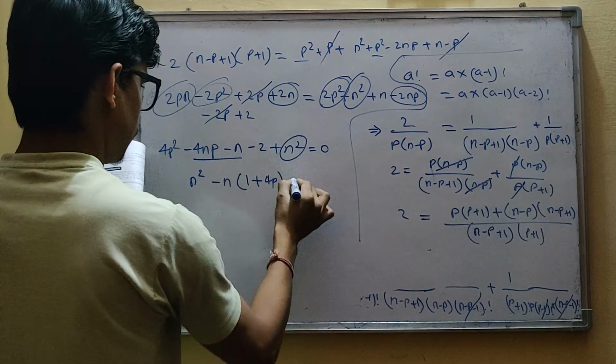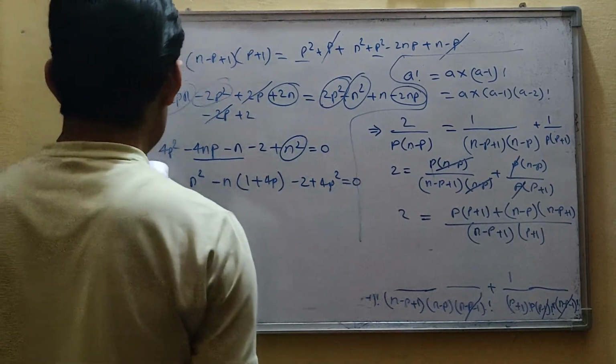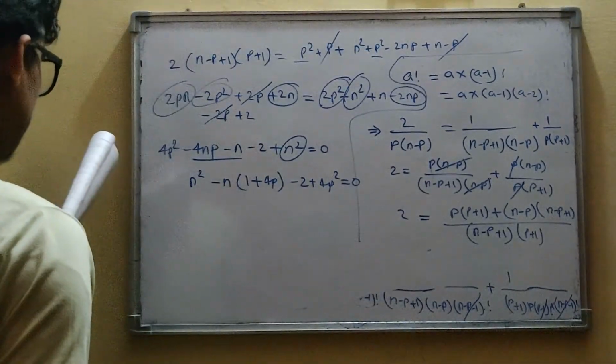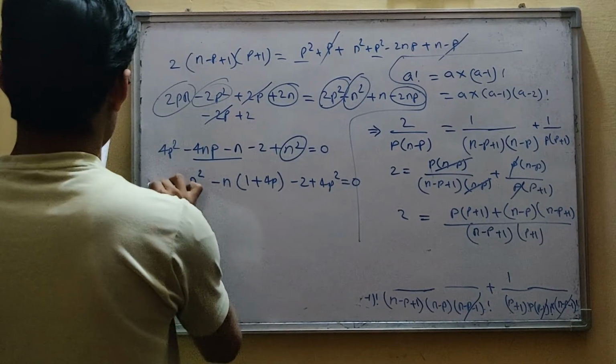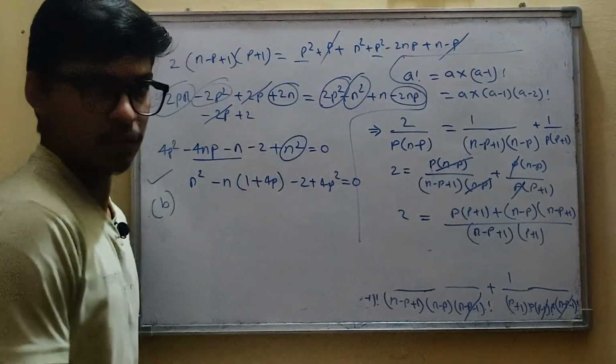And it is going to be minus 2 plus 4p square equals to 0. I guess none of them is matching, right? n square minus n into (4p plus 1) plus 4p square minus 2, yes, the second one, b, right? So n into (4p plus 1). Yes, so the option D is the correct answer.